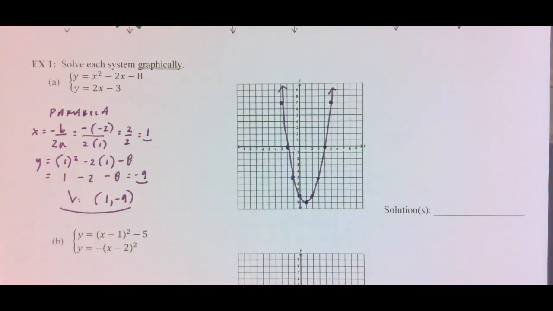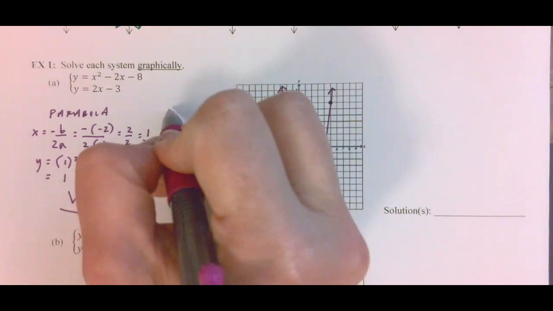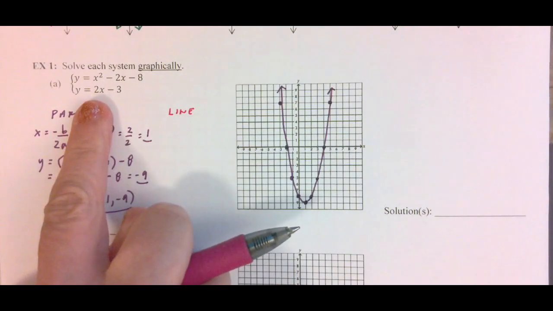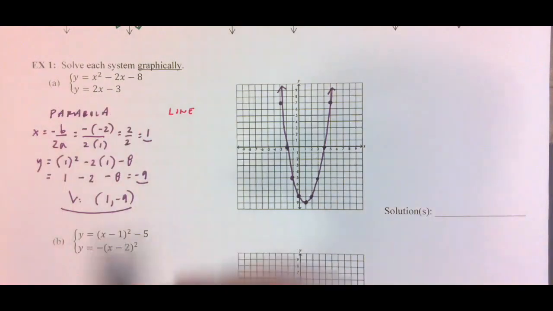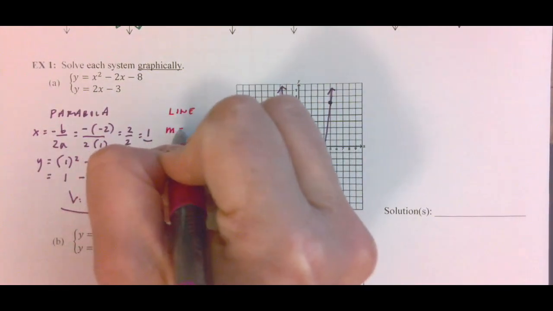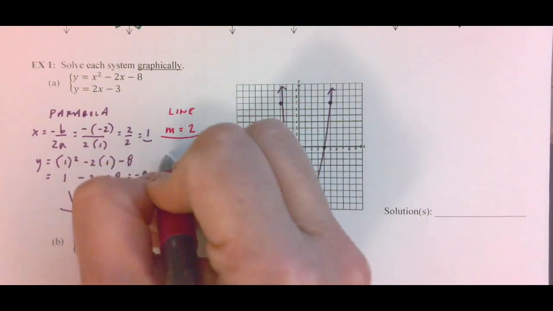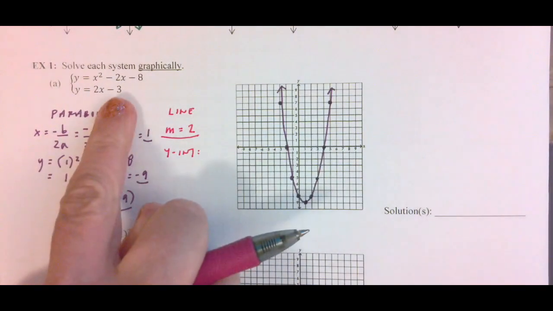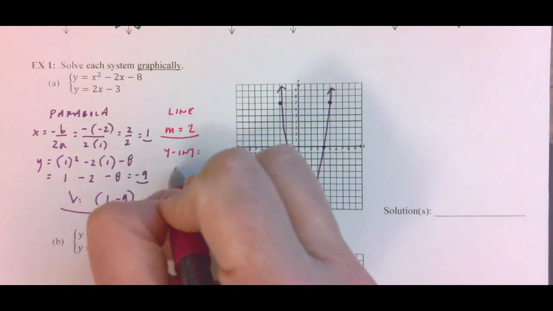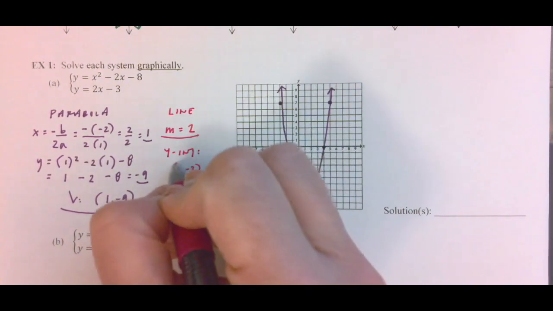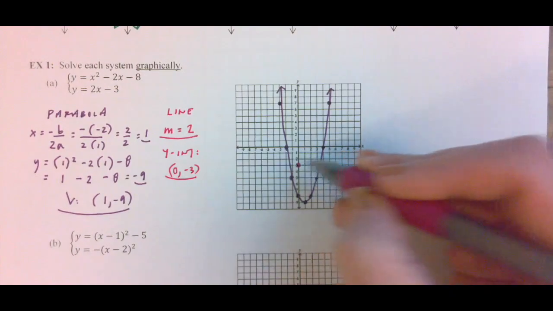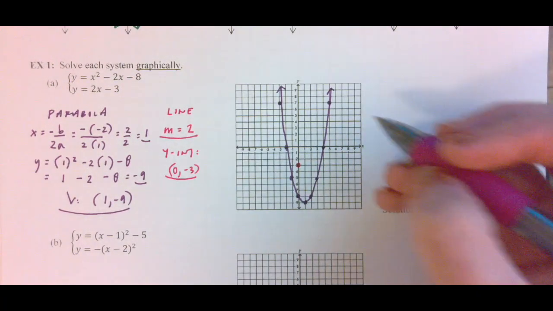Okay, second equation is a line. I recognize it as y equals mx plus b. My m, my slope is 2, and my y-intercept is at 0, negative 3. Plot a point at the y-intercept and build off of it the slope.